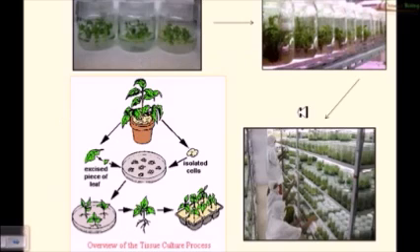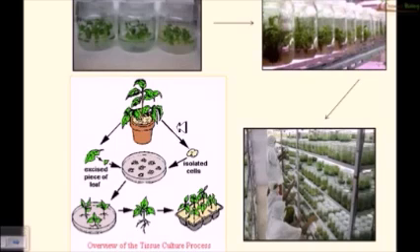Now this is the whole procedure, an overview of tissue culture. As you can see in this schematic diagram, this plant is there. We can take a portion of the leaf, or any kind of isolated cell from this plant, and embed them inside the plant culture media.